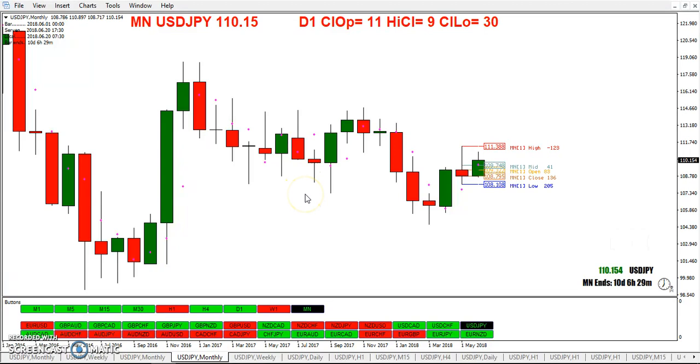Okay, price action. Let's look at this monthly candle. Here's our current monthly candle on the dollar yen. As you can see, right now it's an inside bar, which means the high is lower than the previous candle's high, and the low is higher than the previous candle's low.